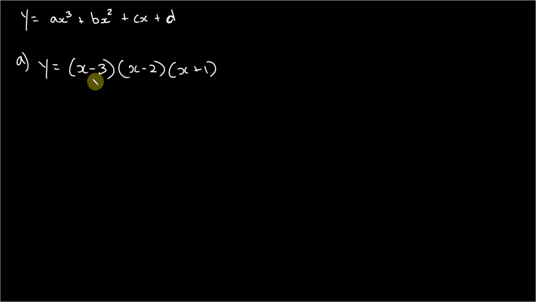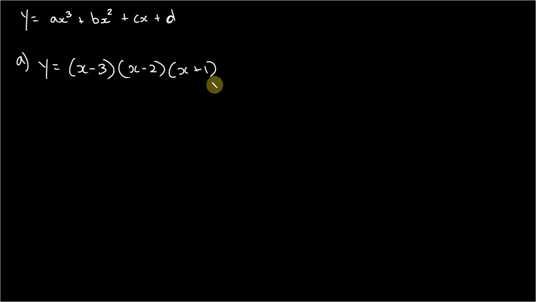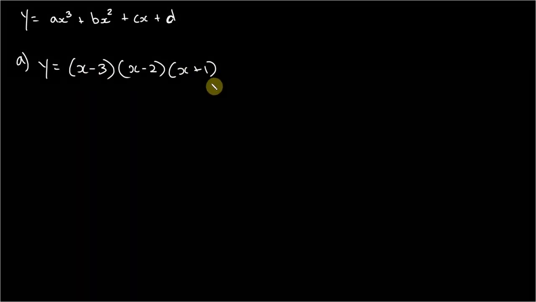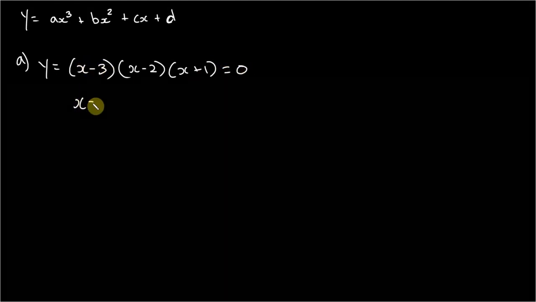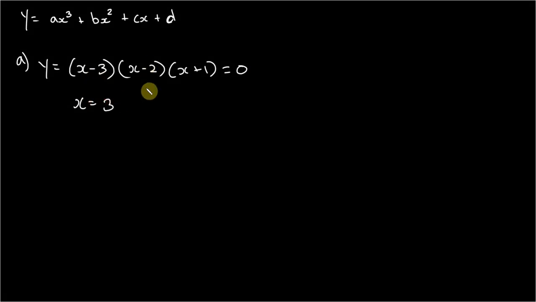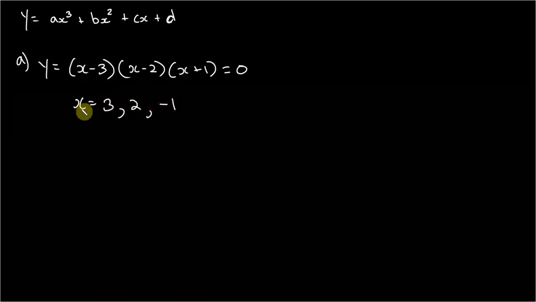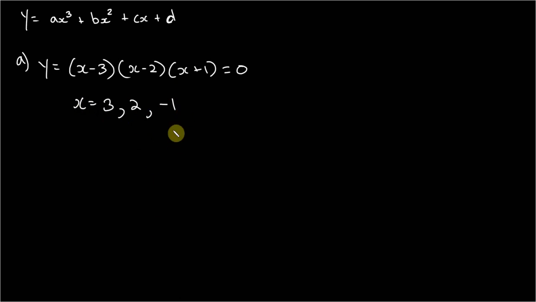Really, our x values are given here, our roots, and of course at this point we're only dealing with real roots and not imaginary roots. So if we just set this to equal 0, we know that x equals 3, it's going to equal 2, it's going to equal -1.